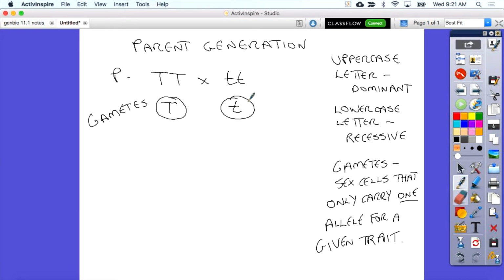So in order to make a Punnett square, we need to identify the number of boxes we need in our square. So in this very simple case, because there's only one allele variation, we have 100% of the offspring being what are called heterozygous or hybrid, and so this is called the first filial generation, or F1.